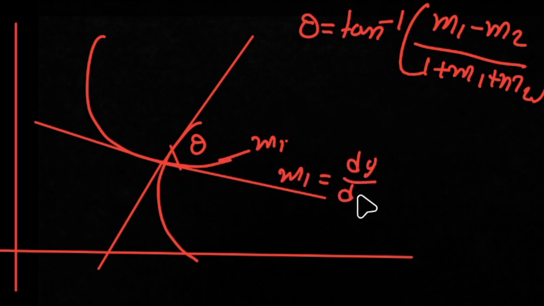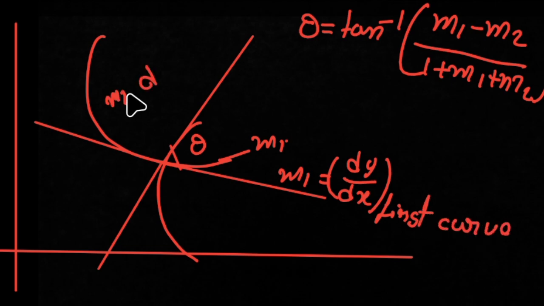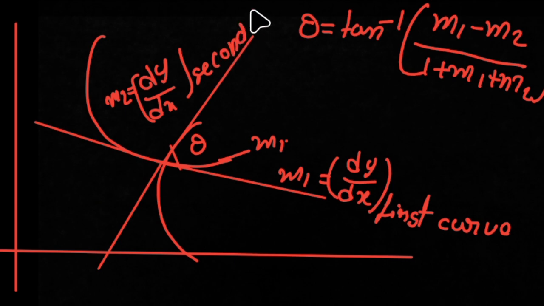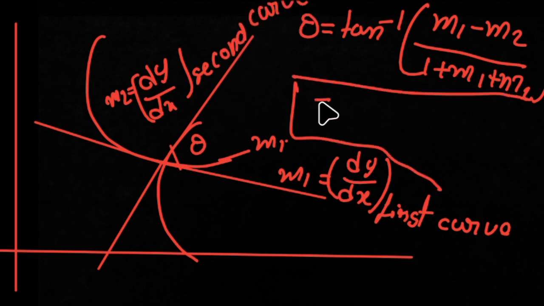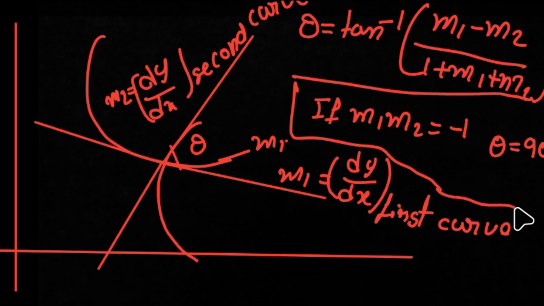Here m1 means dy by dx of the first curve, meaning the slope, and m2 is equal to dy by dx of the second curve. If two curves touch each other orthogonally, then m1 into m2 is equal to minus 1. So theta is equal to 90 degrees.